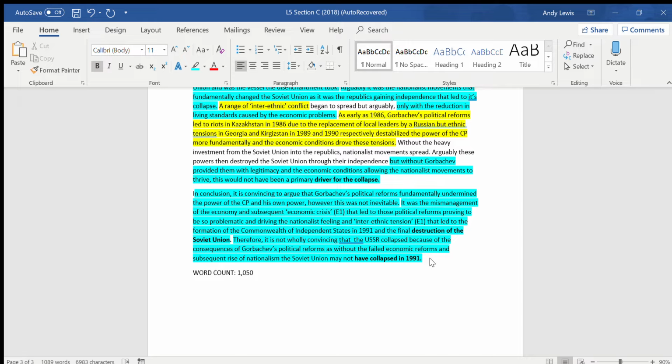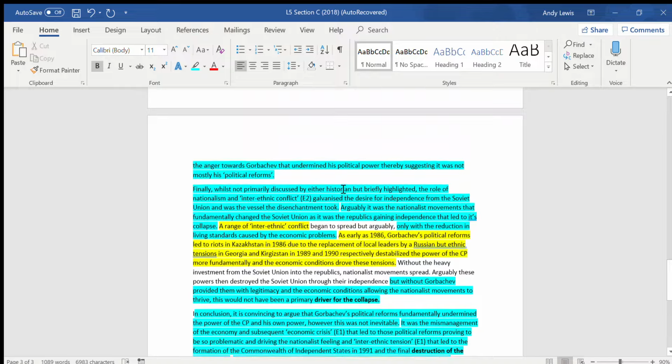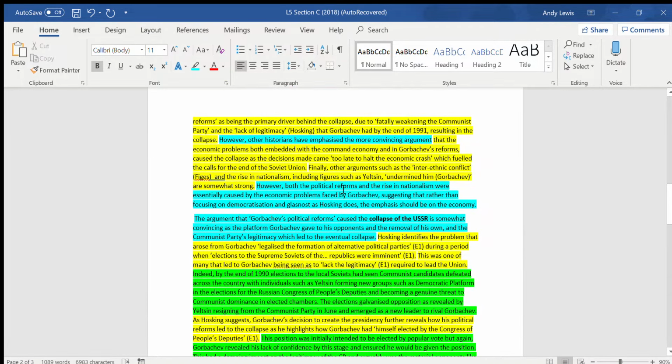We see answers that get 1,300 words, 1,400 words, that maybe potentially would look a lot better on paper because they can put a bit more contextual knowledge in. But I know a lot of students are worried about how much they need to write in the time given. And so if you can structure your answer similar to this, you'll be getting up to that level 5 territory, okay?